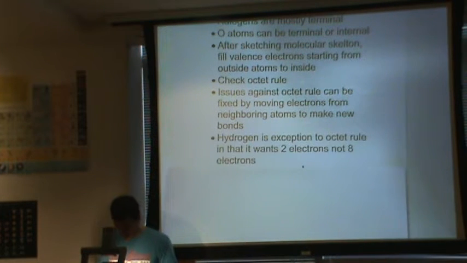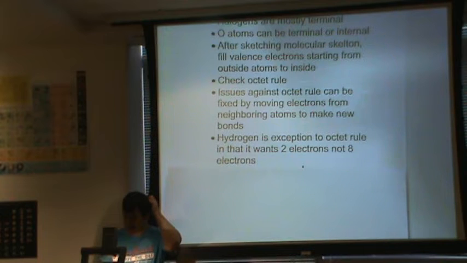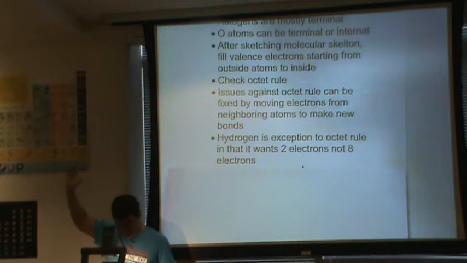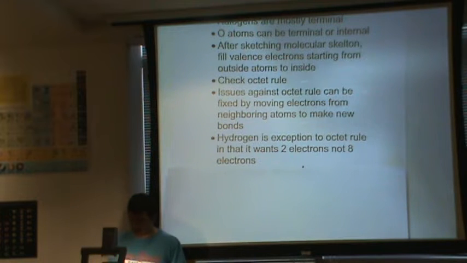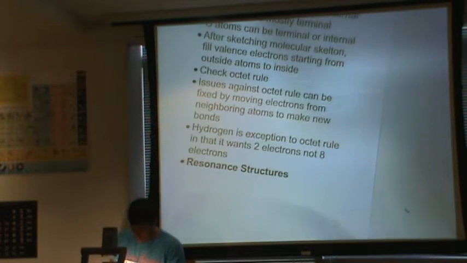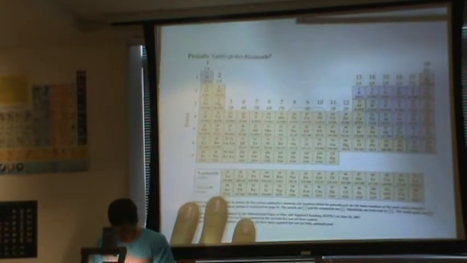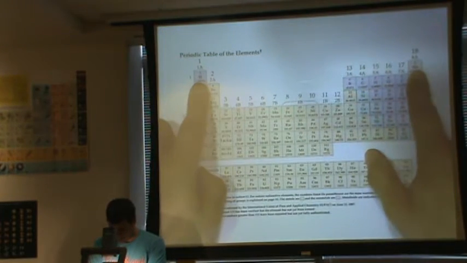And finally, hydrogen. I haven't really talked about this. I'm sure somebody, if we were talking about this in class, would be raising their hand like, wait a second. Hydrogen is an exception to the octet rule in that it only wants 2 electrons, not 8. So if we go to our periodic table, hydrogen wants to be like helium.